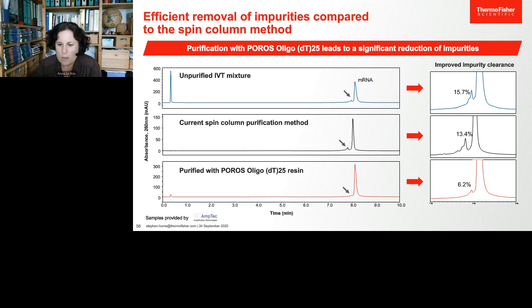With current spin columns, you can reduce these impurities a bit to 13%. When you use exactly the same sample with the chromatography resin oligo dT, you reduce that to 6.2%. And in that case, we can help you optimize the gradient and everything to separate the two peaks.